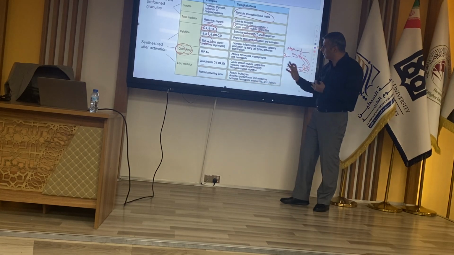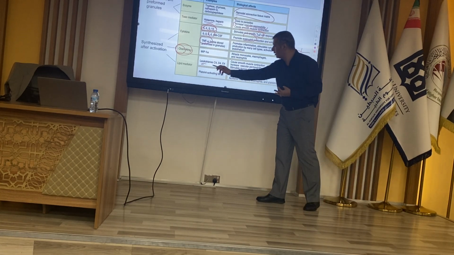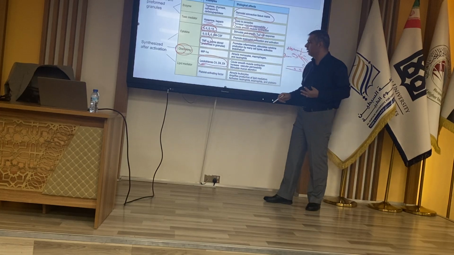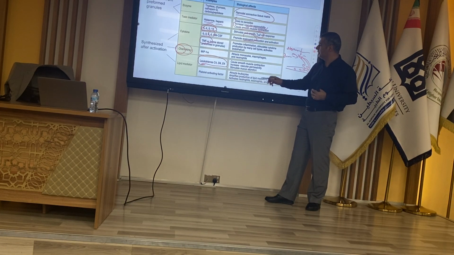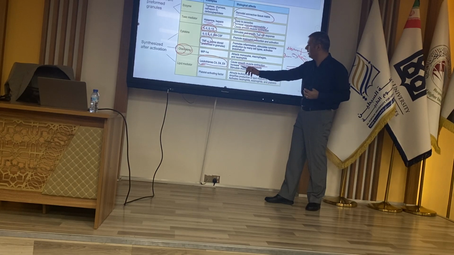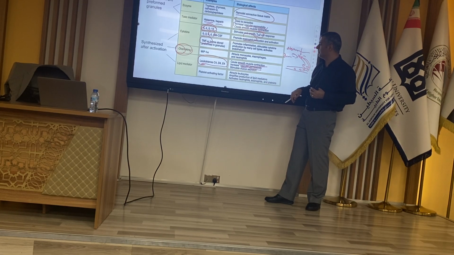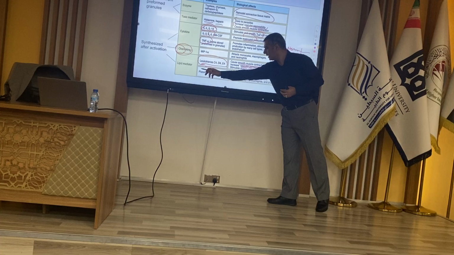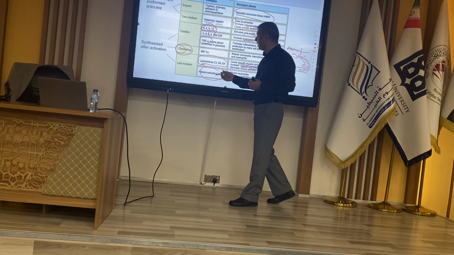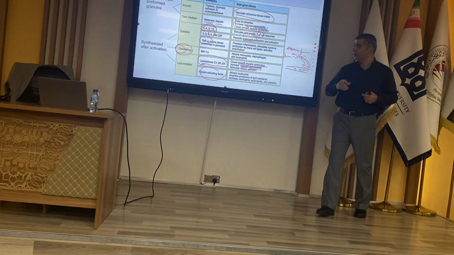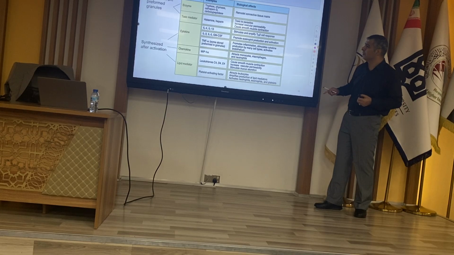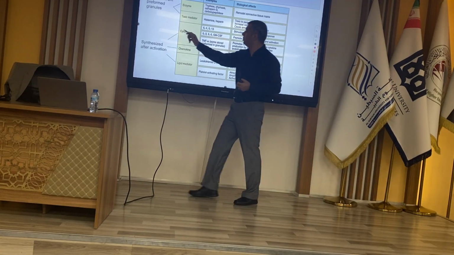Chemokines are involved in movement of cells, and leukotrienes act on smooth muscle contraction again. They increase vascular permeability, and platelet activating factors, as the name shows, are main activators of platelets. So all of them are produced by mast cells, but they are categorized in two groups.